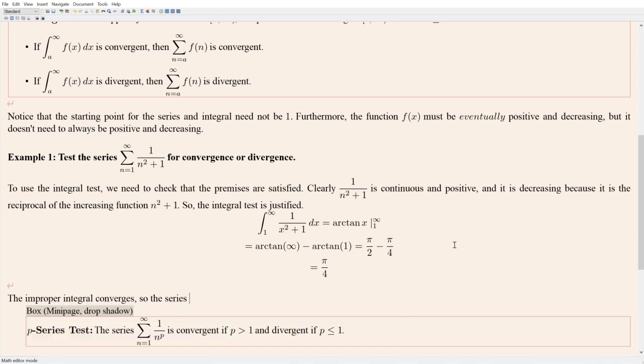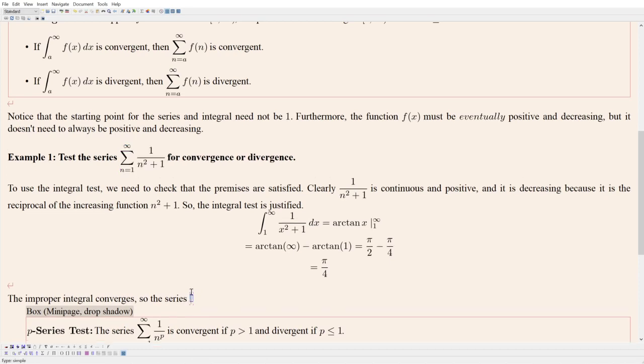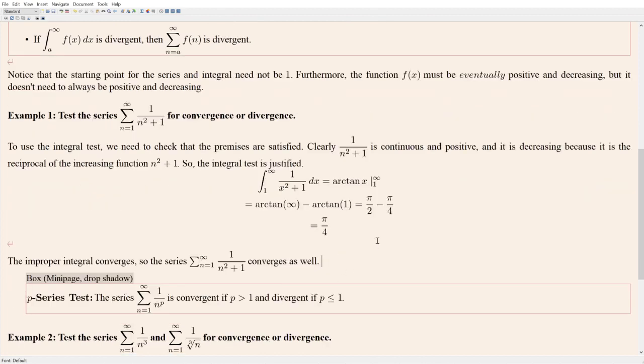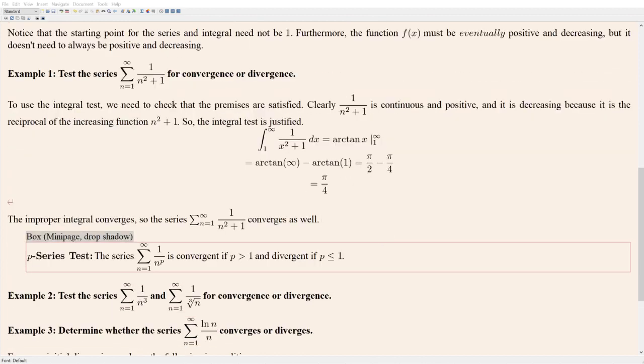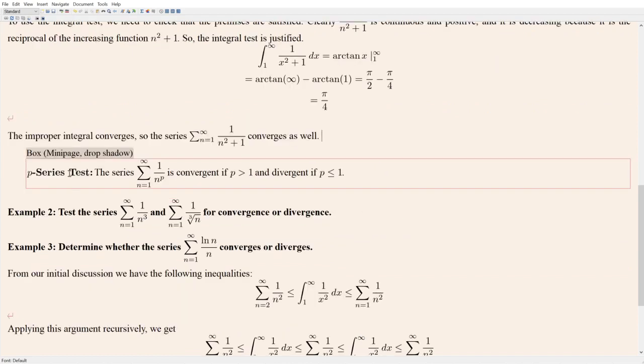So the series converges as well. Okay, so as an immediate consequence of the integral test, we have the so-called P-series test.